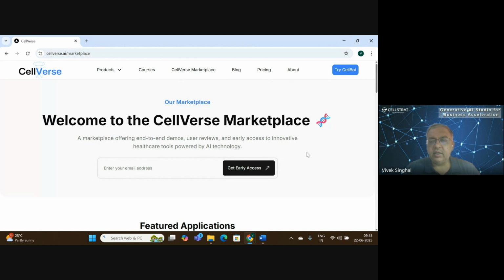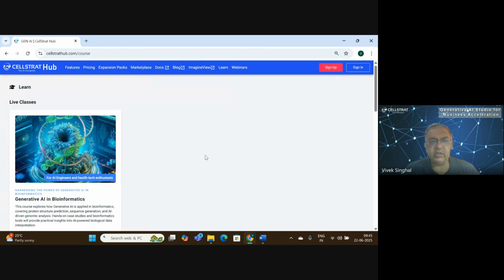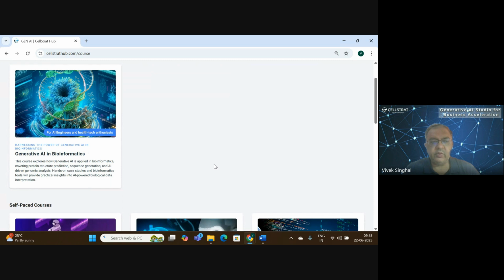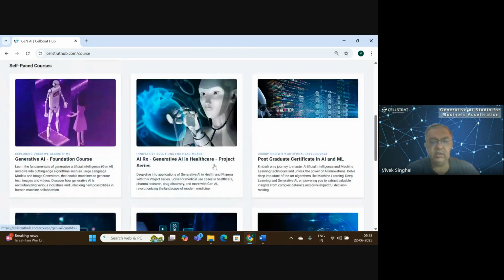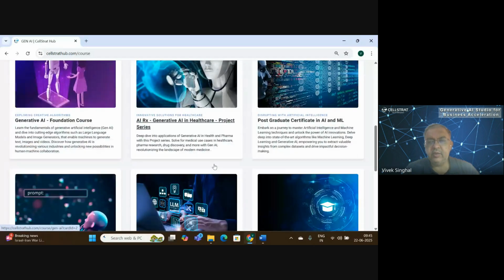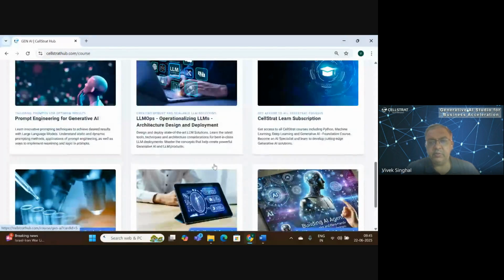So let me go to our course portfolio. We have courses in healthcare AI, which you can find on our MLOps platform, CellStrat Hub. We have a course in Gen AI for bioinformatics, a Gen AI in healthcare project series, and other AI courses like MLDL, Gen AI, and LLM Ops.